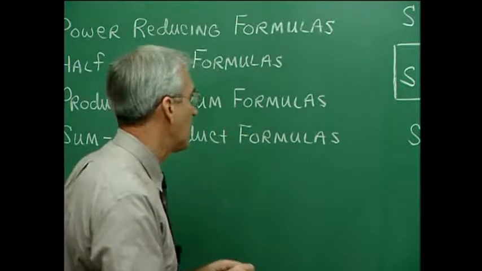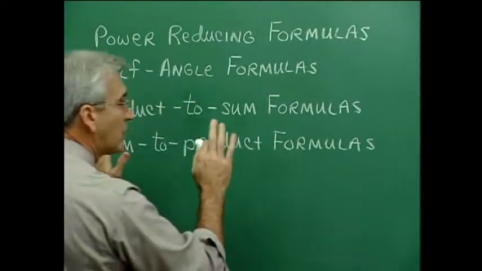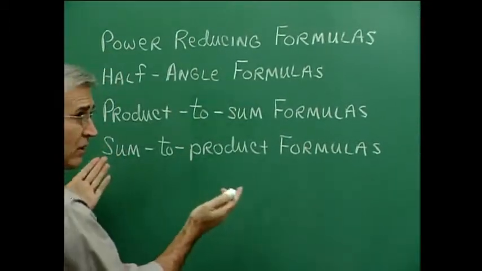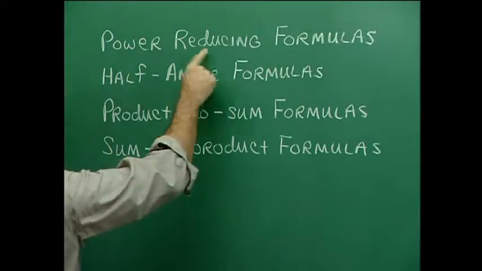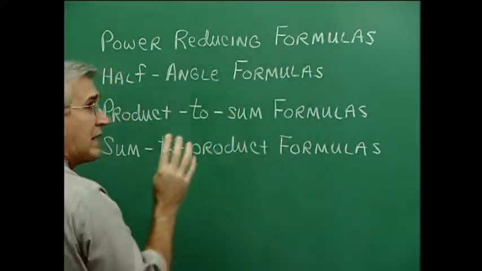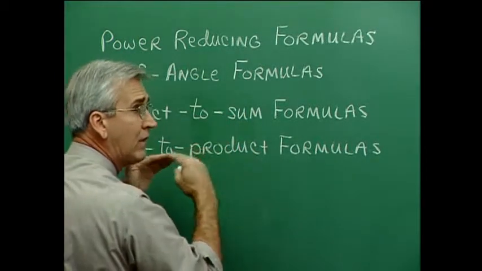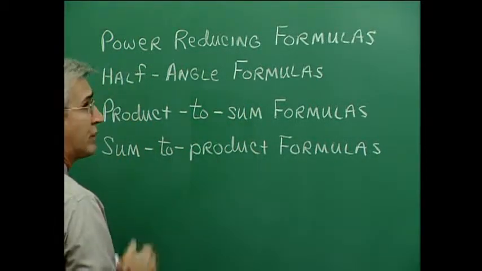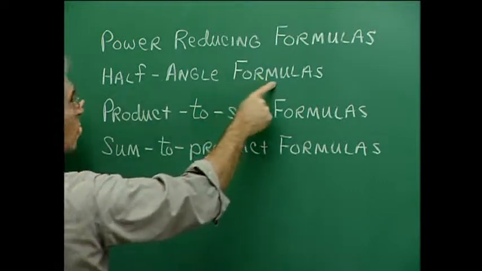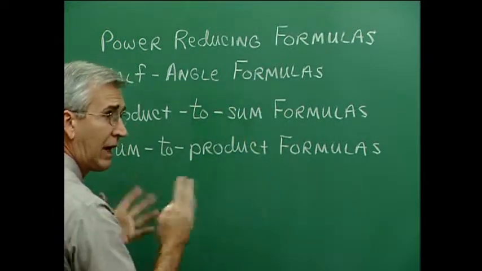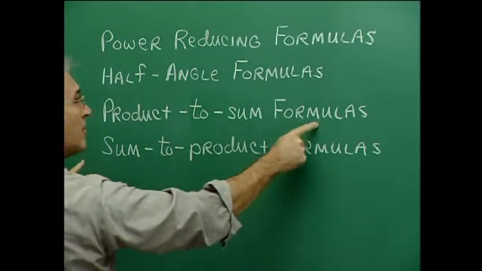Now, understand the purpose of having these formulas, which can also be thought of as identities. Power-reducing formulas: that means we have a higher power and we want to reduce the power involved in our trig function. Half-angle formulas, we use these just like the double angle formulas. Product to sum.